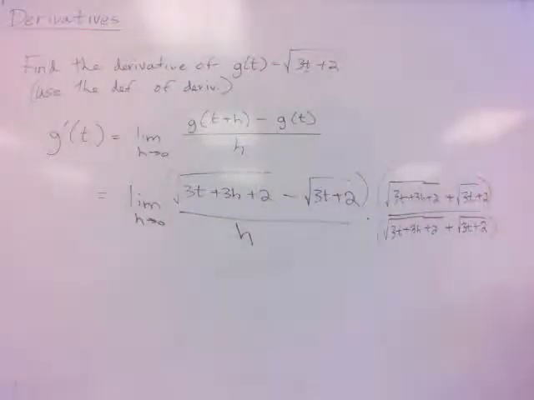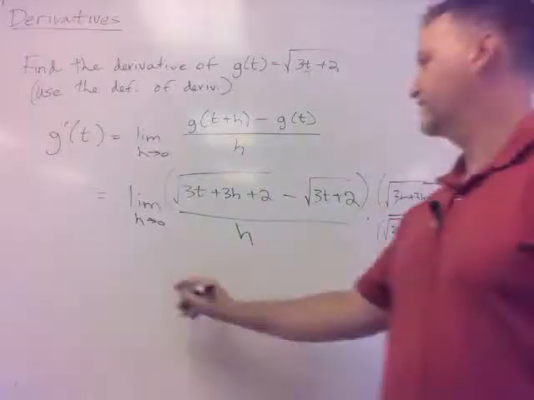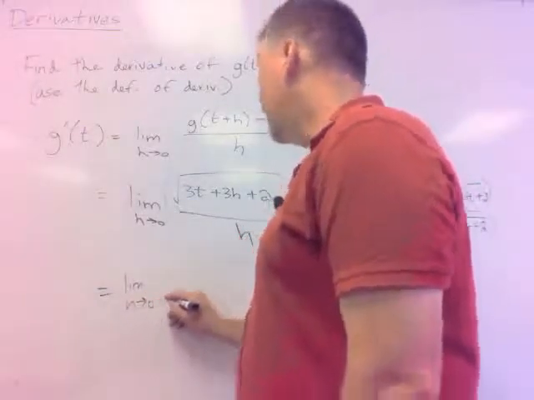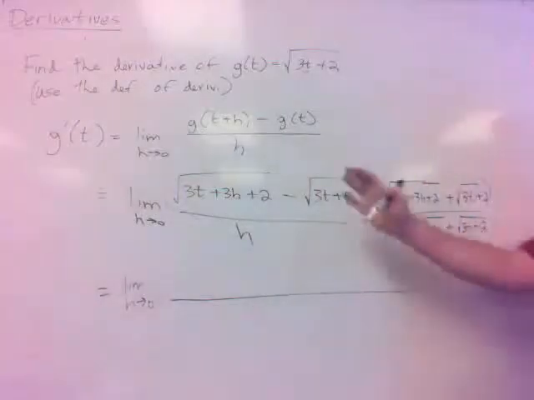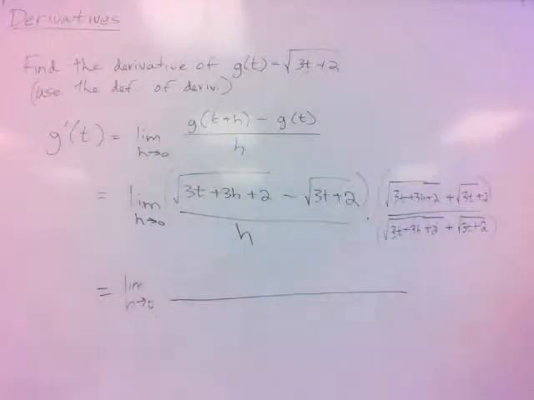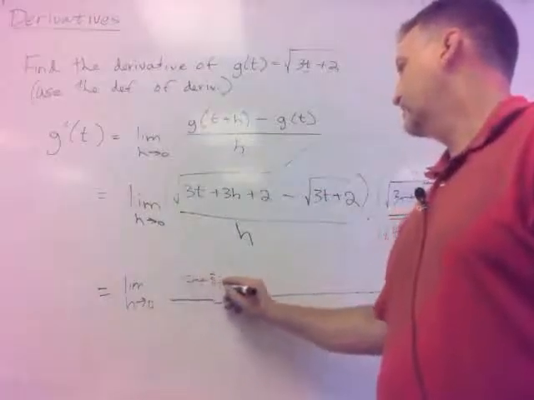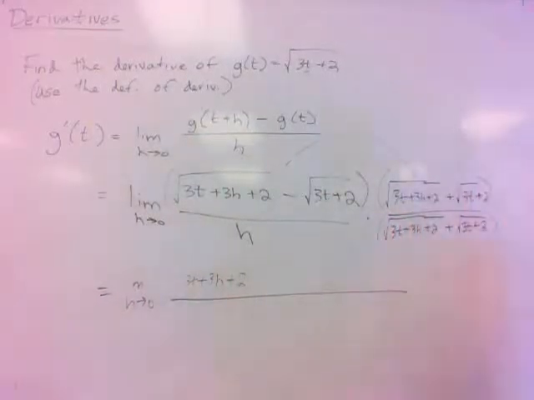Usually to simplify this, it's just multiply the top out, and nice things happen. What happens when I multiply the conjugates together here on top? I get the square root of 3t plus 3h plus 2 times itself; the square roots cancel, so I get 3t plus 3h plus 2 without the square root in it.